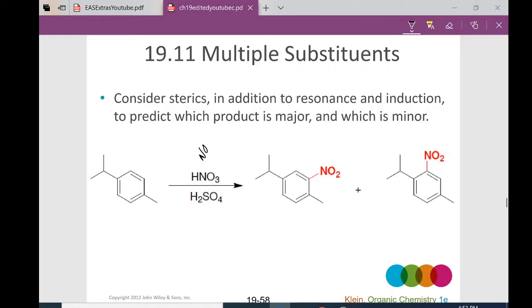We're adding an NO2 group, and we're going to add that NO2 group ortho to the methyl group because it's smaller. The methyl group is smaller than the isopropyl group, leaving more room for the substituent to go there. So this is going to be the major product, and this is going to be our minor product.